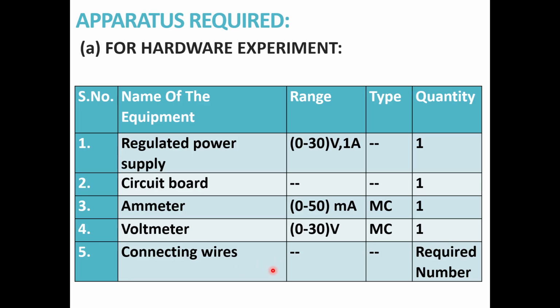Connecting wires as per requirement, we can't specify the number, so some n number of connecting wires are required depending on the circuit that we are going to design. You can write the required number of connecting wires. You can pause the video and note down this tabular column in your notes.